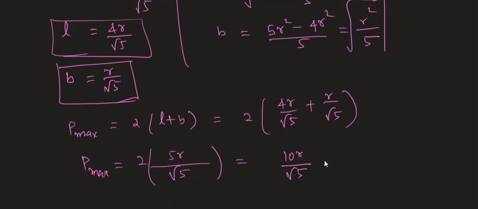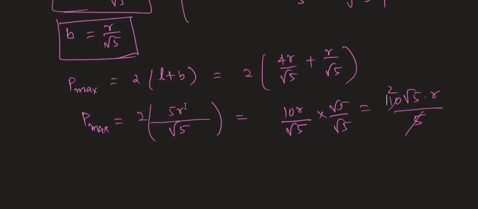Otherwise, you can rationalize also. On multiplying by root 5 by root 5, you get 10 root 5 into r divided by 5. So you can cancel this, so 2, and therefore it is 2 root 5 into r.